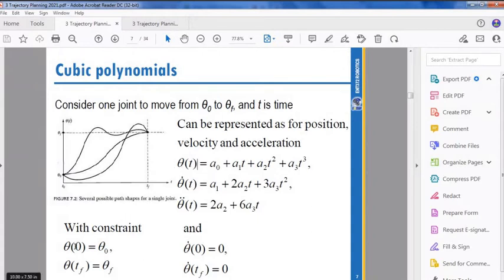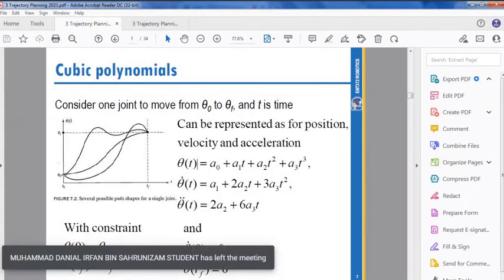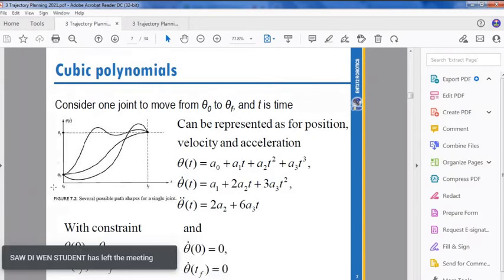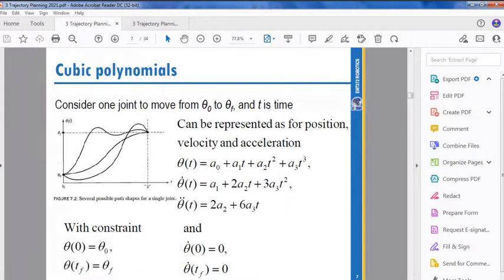for example, at t0, theta means the position equation. So at theta at time 0, time 0 is here. Time final is here. Time final may be 3 seconds, maybe 5 seconds, 4 seconds, depending on the value. This is a variable.